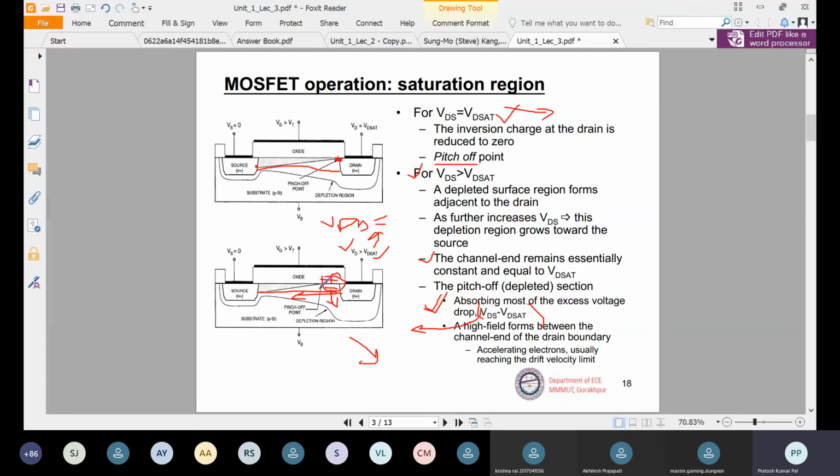But once the channel is depleted, no extra charge carriers can move from the source to drain region because there is no channel here. So after reaching the pinch off point, there will be no extra increase in current even after increasing the VDS voltage. So that's why after VD set point, the current becomes constant.